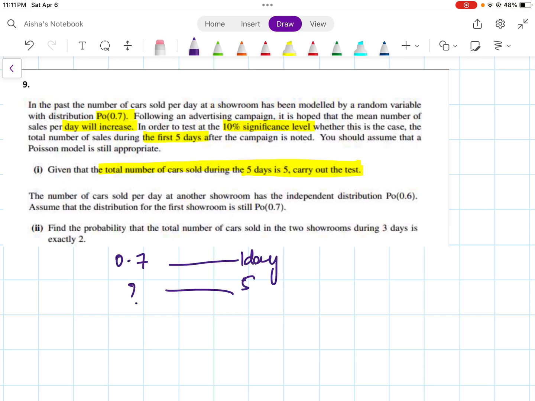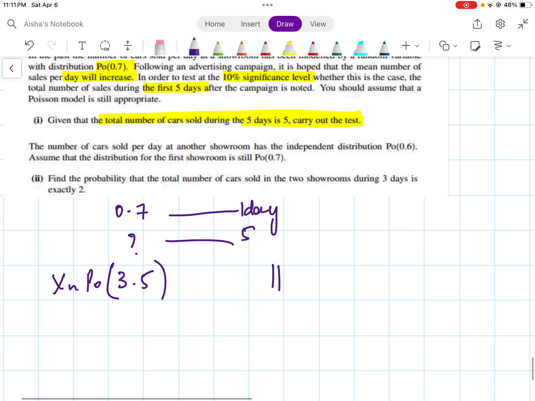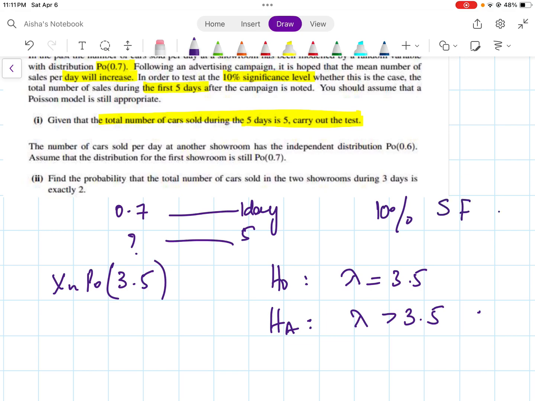For 5 days, it's going to be 3.5. Now they are saying that the null is that the lambda value is 3.5 and the alternative is that this has increased. And my significance level is 10%. Given that the total number of cars sold during the 5 days is 5.